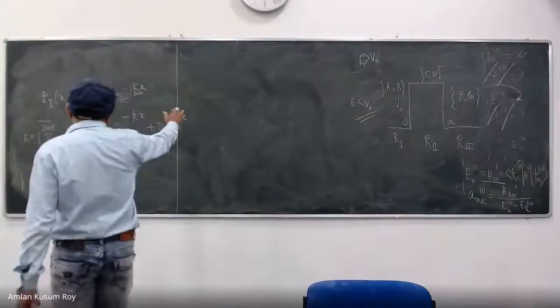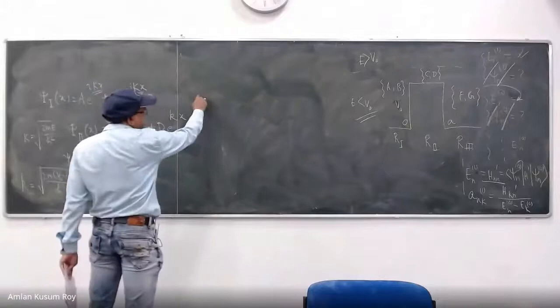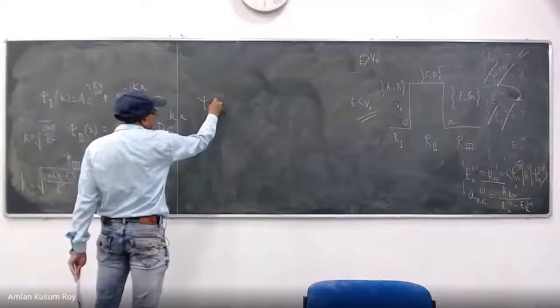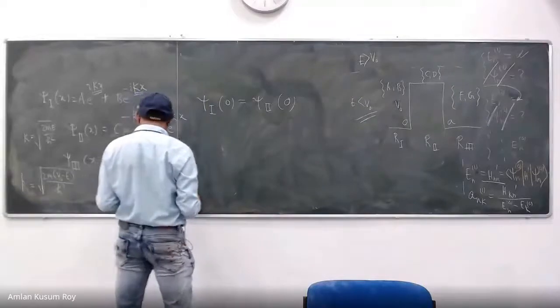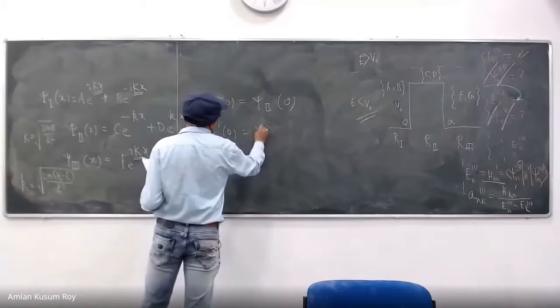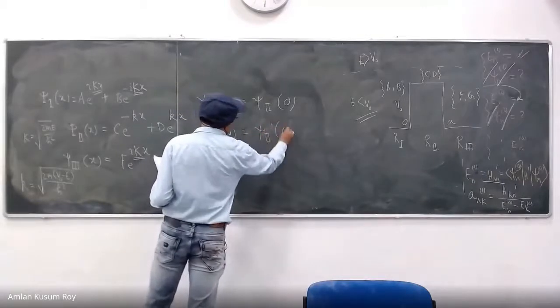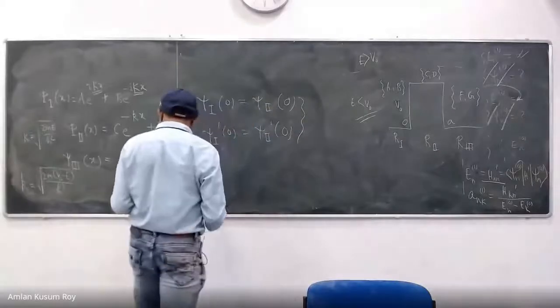Can you say it in the form of an equation? Boundary condition, yes: psi 1 at 0 equal to psi 2 at 0. And what are the other conditions? The derivatives as well. So these two conditions need to be satisfied.